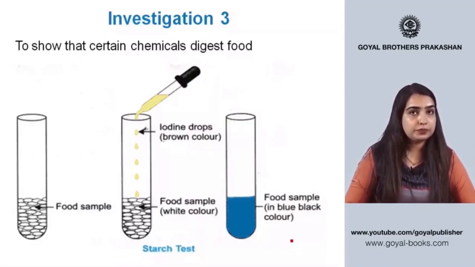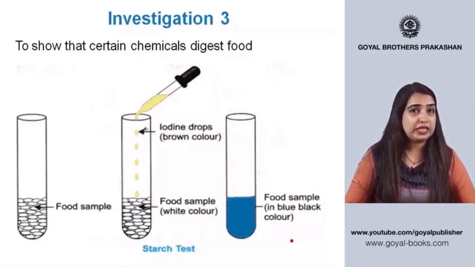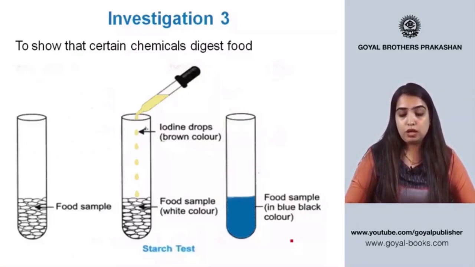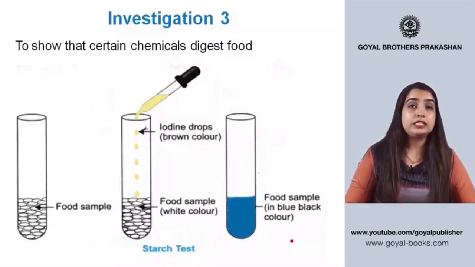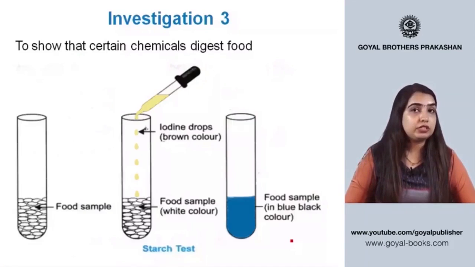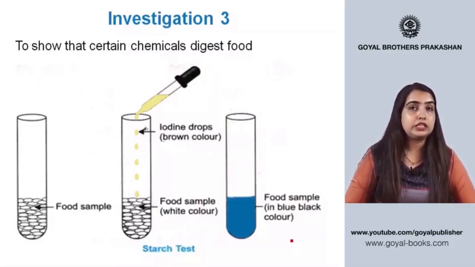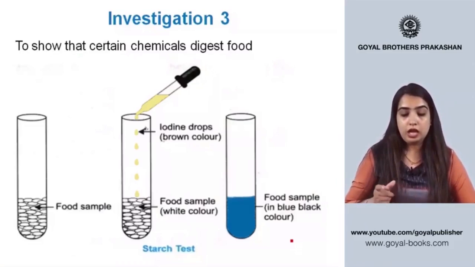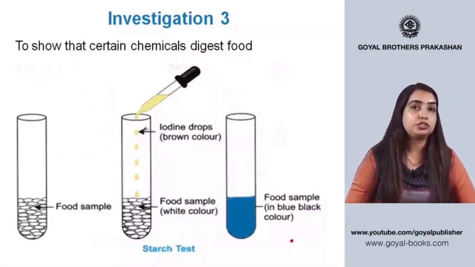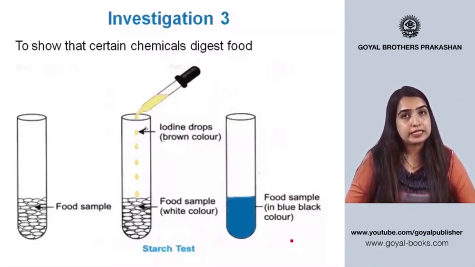Once you do that, add a few drops of iodine solution and you would see that the food sample, that is the potato tubers we had taken, turns blue-black in color. This indicates the presence of starch in certain food materials, for instance potato tuber, because the color changes to blue-black upon addition of iodine solution. This is to indicate the presence of starch, as I said.